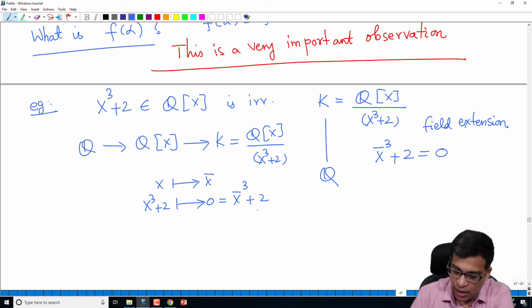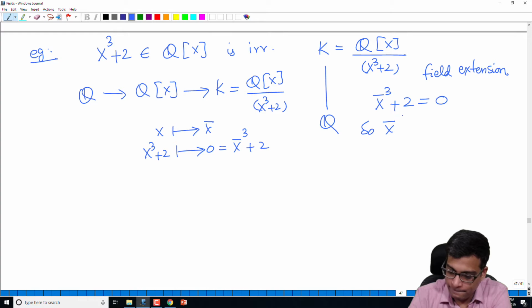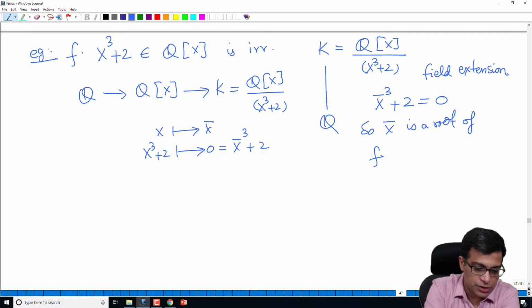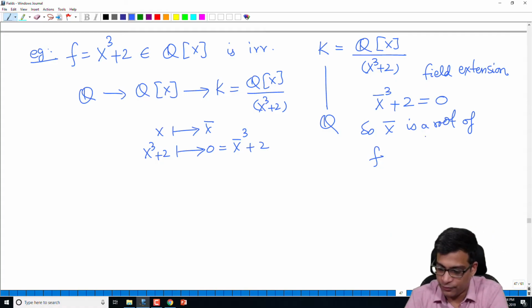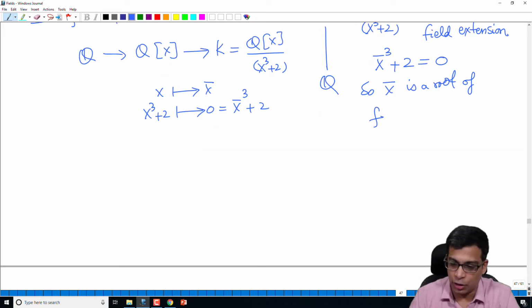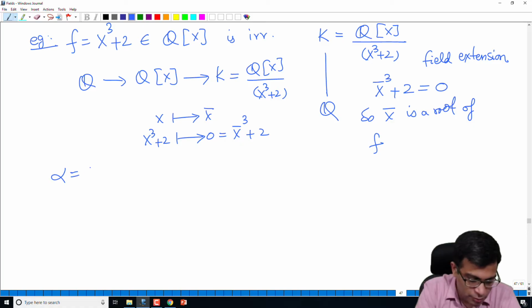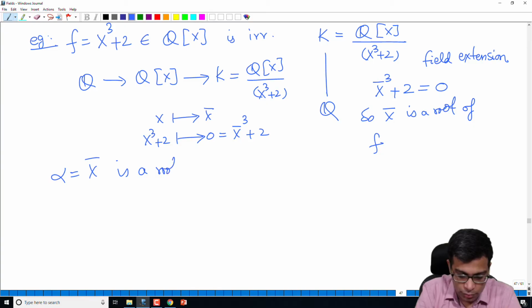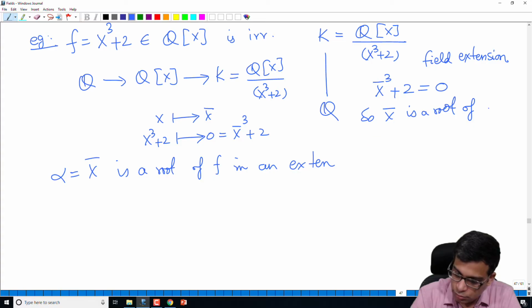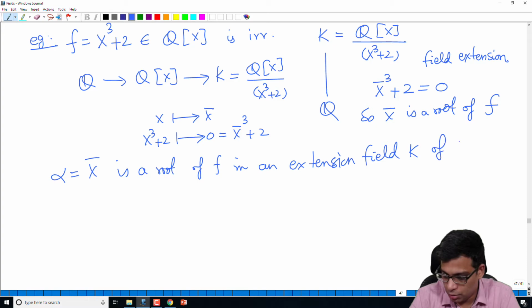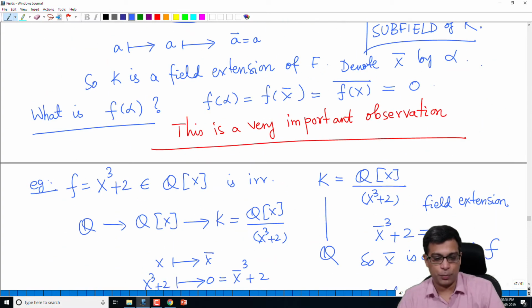That means x bar is a root of f, which was the polynomial I started with. f is x cubed plus 2, so x bar is a root of f. So then we forget all this and think of x bar as alpha, and we say that it is a root of f in an extension field K of Q. Okay, this is the illustration of the procedure that I described here.